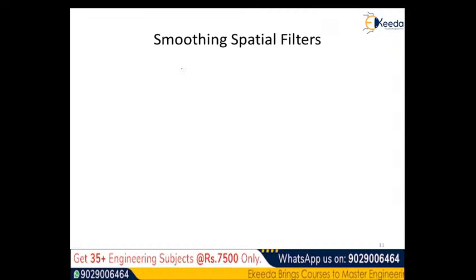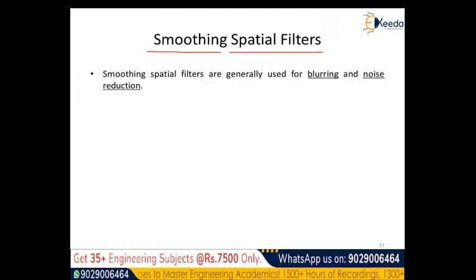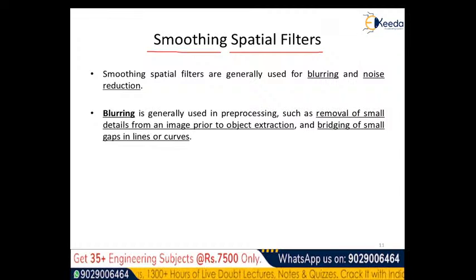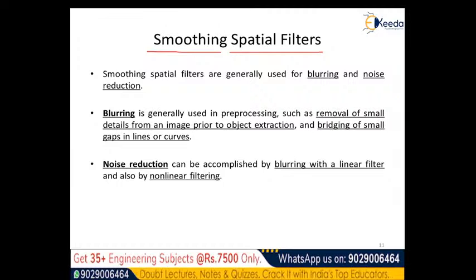So here the spatial filters, those that produce smooth results, are what we are to talk about. The smoothing spatial filters are generally used for blurring purposes, the blurred images, or the reduction of the noise in the original image here. So the blurring can be better defined in this way, as well as the noise reduction can also be detailed.